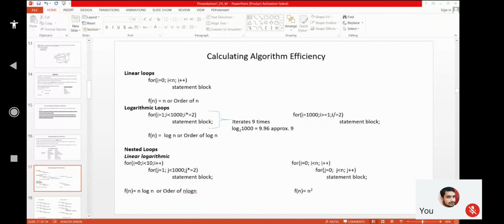For logarithmic loops, the number of iterations will be log n, that's why it was order of log n. Here n square times the block will execute, that's why this is order of n square. And here n log n times the statement blocks will execute, that's why this is order of n log n.